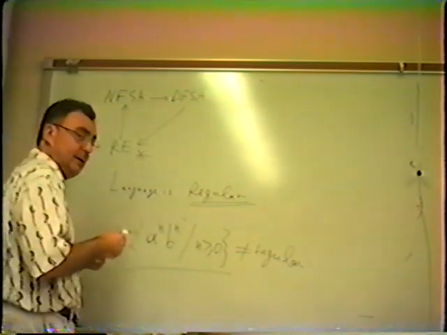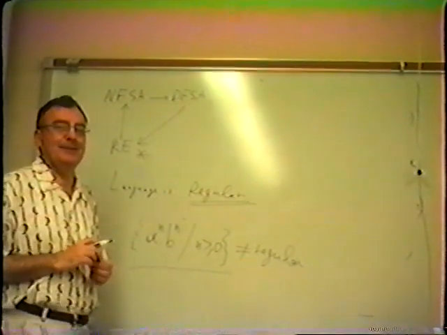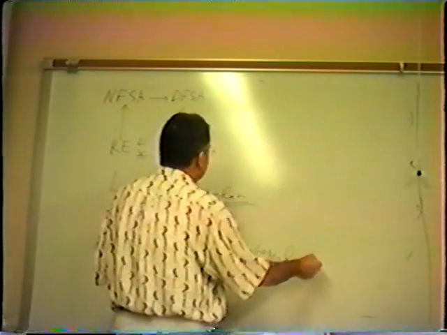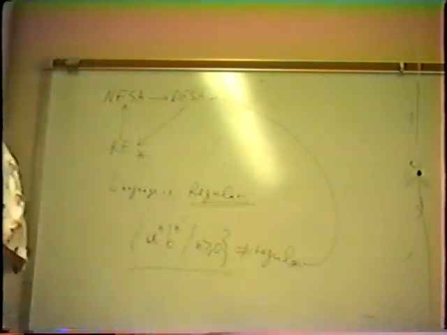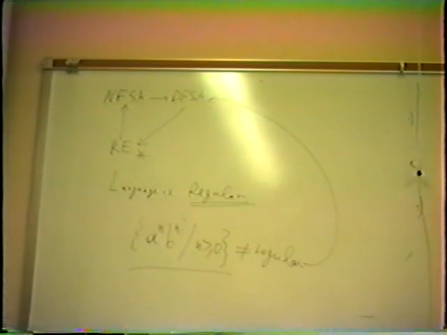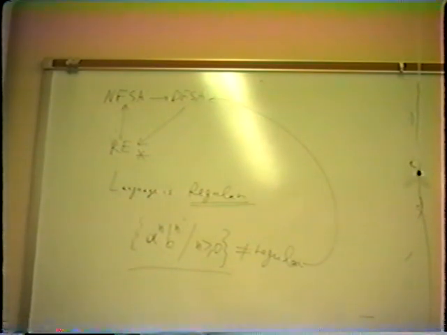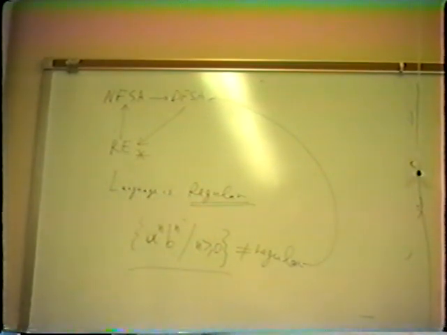I can ask you confidently, even though I don't have $1 million, I'll give you $1 million if you build a DFSA for me to recognize this language. I'm going to offer you that, because I know you cannot do it. It's not possible. This language is not regular.